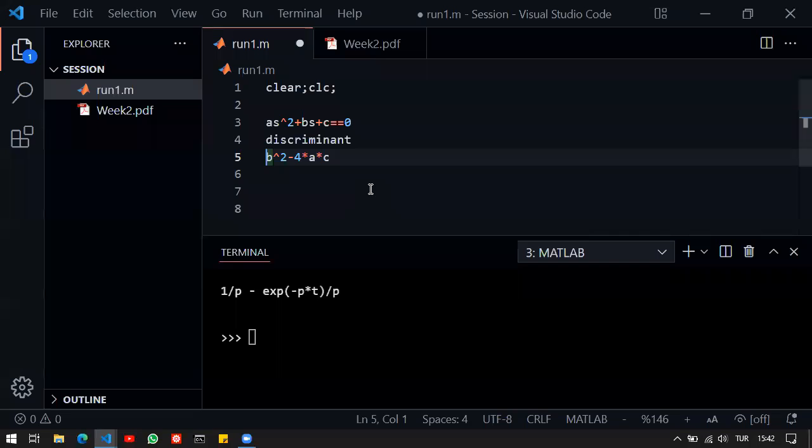In order to determine if a system has a certain behavior, we will not use this, but it will be based on this, not ABC or b squared minus 4ac. That will not be the thing that you will see. Instead, what you will see is the following: s squared plus 2 times zeta times omega n times s plus omega n squared.